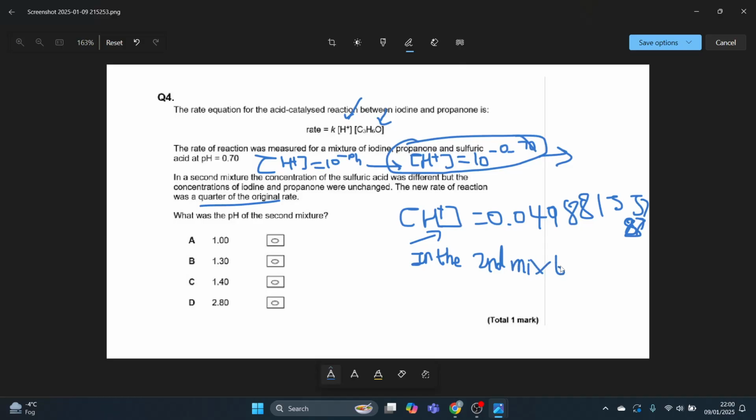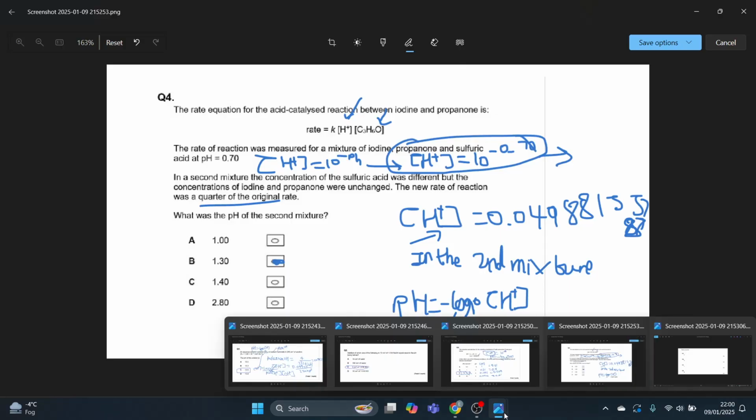Therefore the pH, I'm just going to do pH equals minus log 10 of the concentration of H plus ions, so we just do minus log 10 of my answer, and I get 1.30.